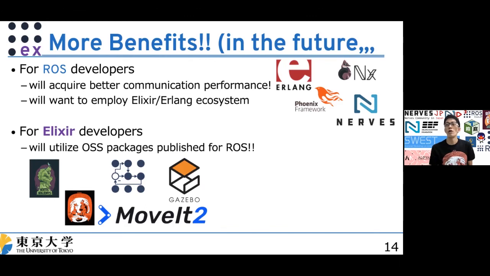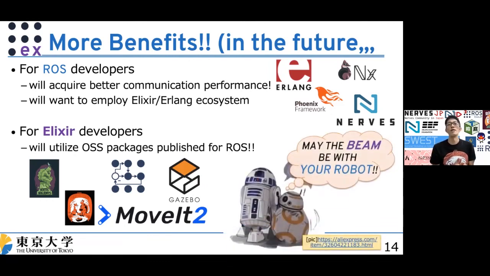But we will acquire the benefit by combining existing ROS resources with your Elixir application. We could construct fault-tolerant and highly scalable robot IoT systems with both ROS and Elixir. Well, what I want to say at the last is, may the BEAM be with your robot.